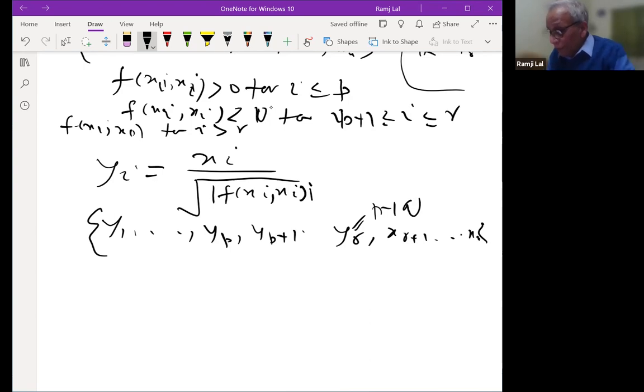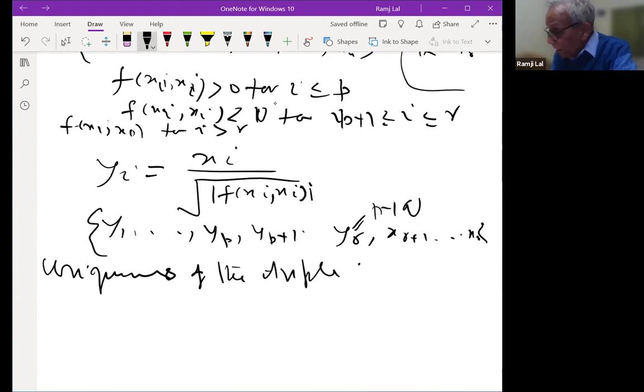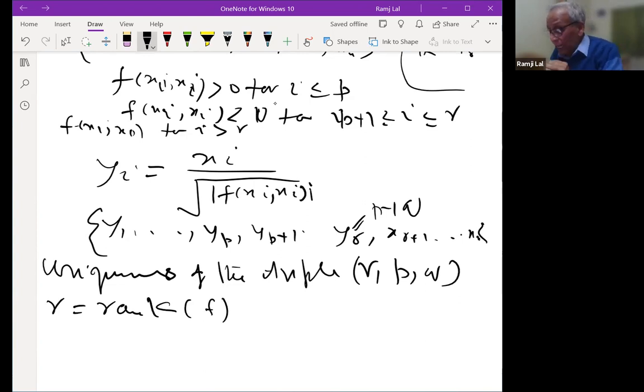So finally, the uniqueness of the triple R, P, Q is what we want to prove. So already you know R represents the rank of f. So this is not going to change in any matrix representation. R is not going to change. So R is the invariant.